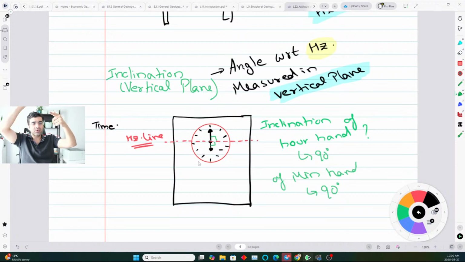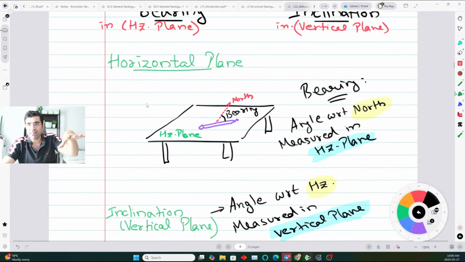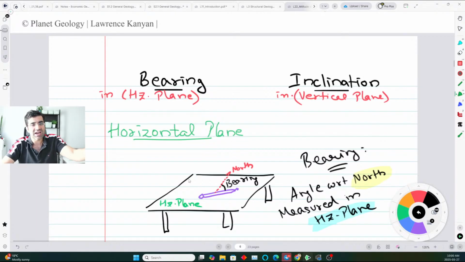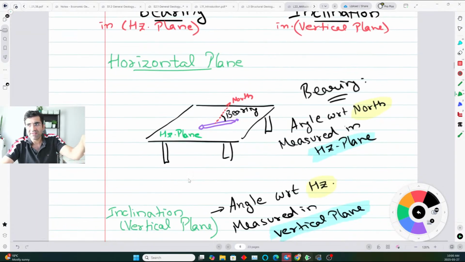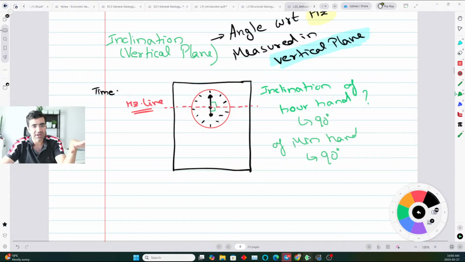To measure direction, north, south, east, west, you have to stay in a horizontal plane. That is why bearing is measured in a horizontal plane, whereas inclination is measured in a vertical plane. Is this clear, everyone? Are these two terms clear?